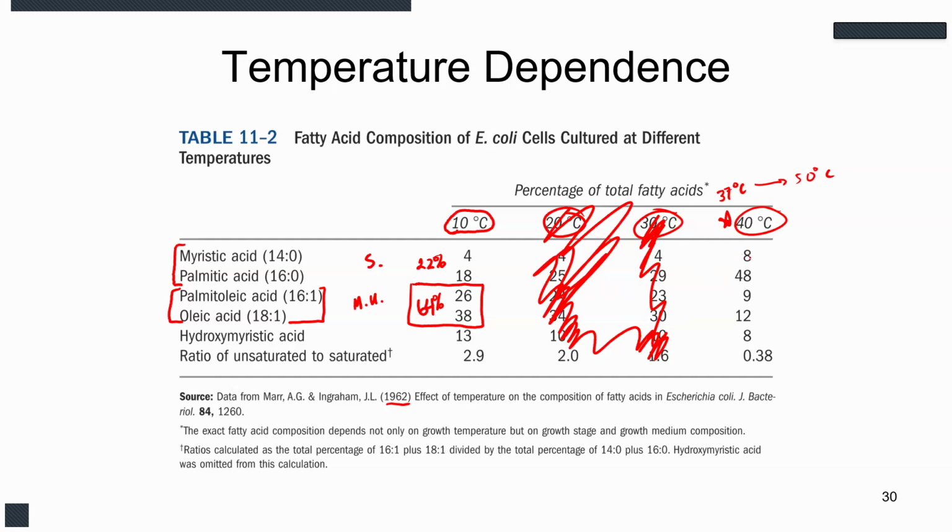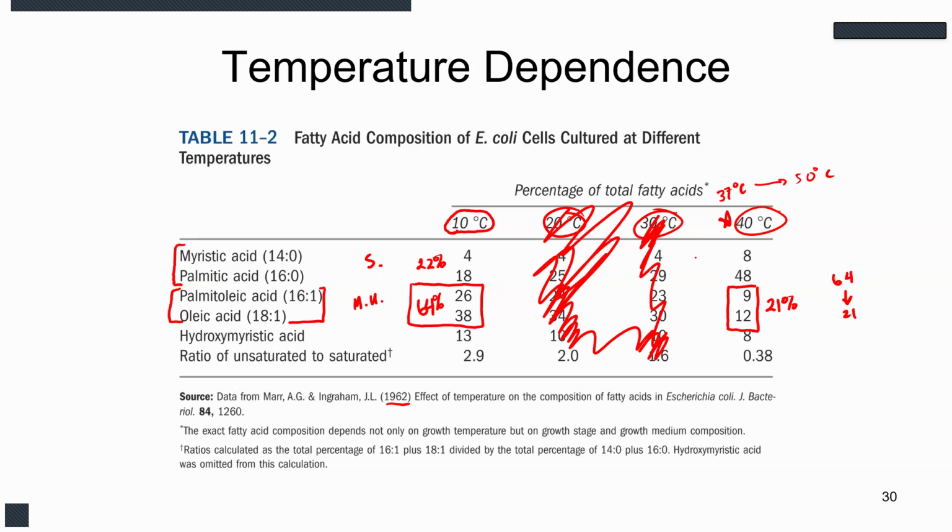Now, let's jump over to 40 degrees, close to the ideal temperature. And let's look at our monounsaturated fatty acids. At 40 degrees Celsius, close to the ideal growth temperature, only 21% of the fatty acids are monounsaturated. So we see that drop from 64 to 21. The abundance of the monounsaturated fatty acids got cut by two thirds, basically.